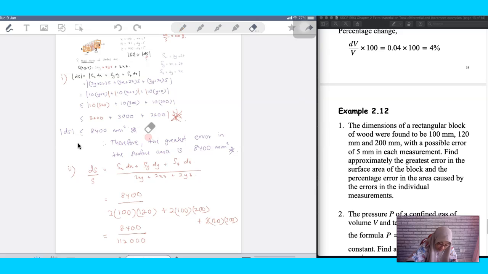Because it is a percentage, you have to multiply ds over s by 100%. So you will get 7.5%.